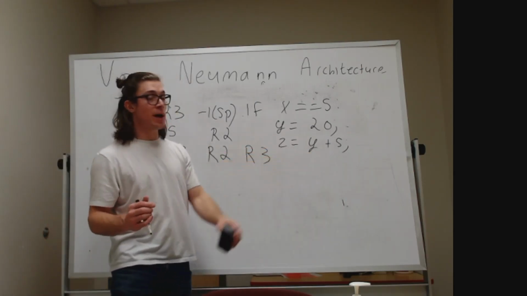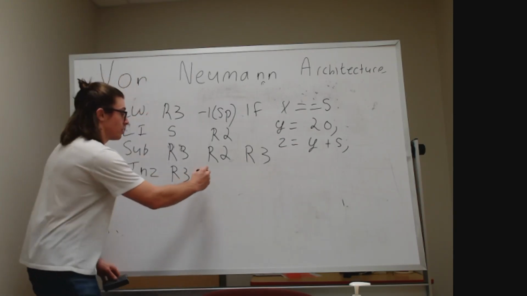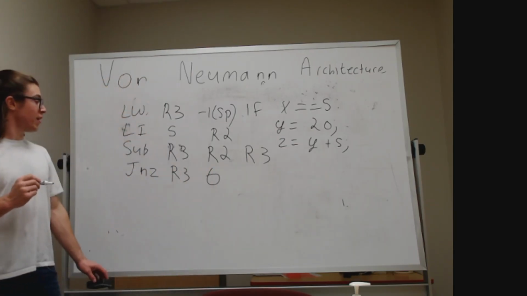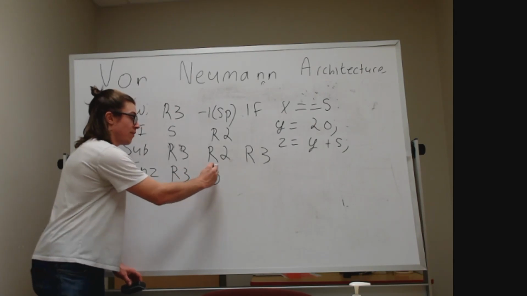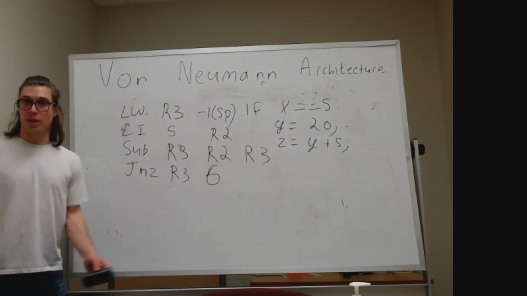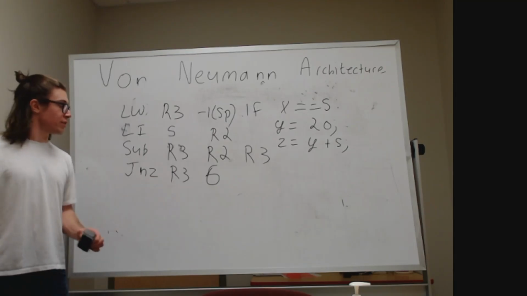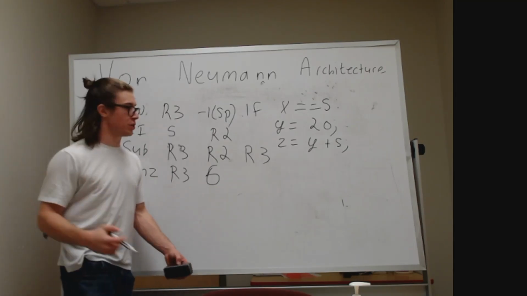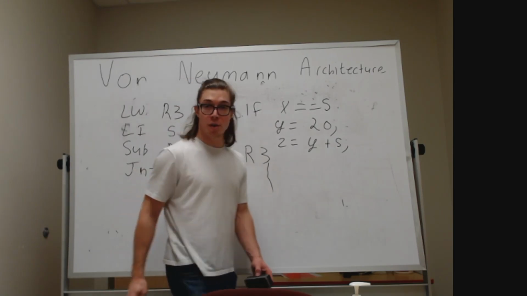So z equals y plus 5 is actually 4 instructions. So to skip over this if it's not 0, we have to jump 6 instructions. So we write a 6 there to say if register 3 is not 0, jump 6 instructions in the future, which will continue us in our program down there.